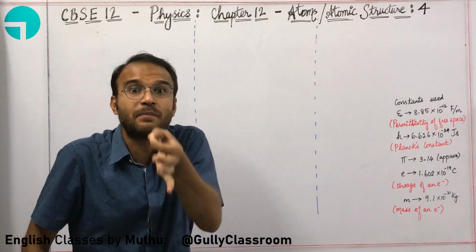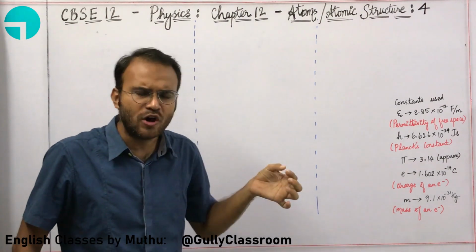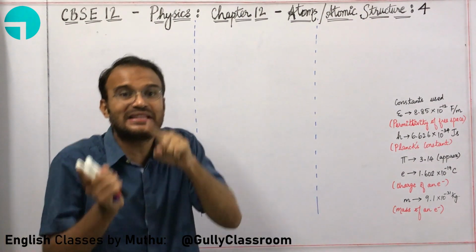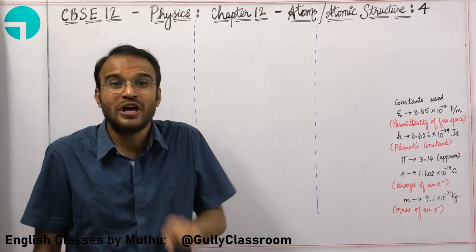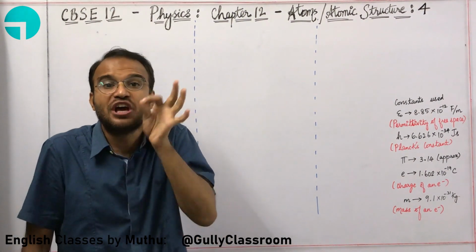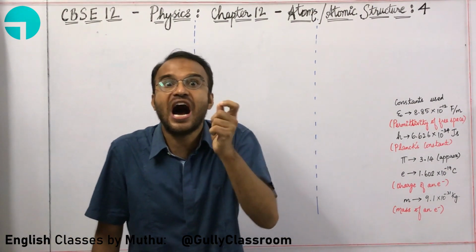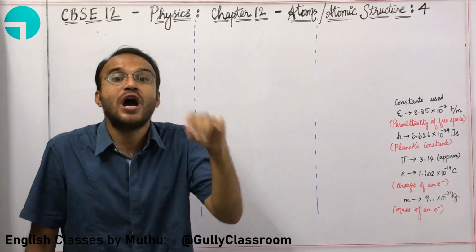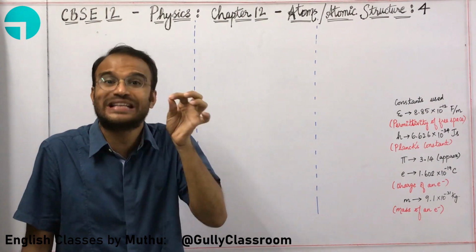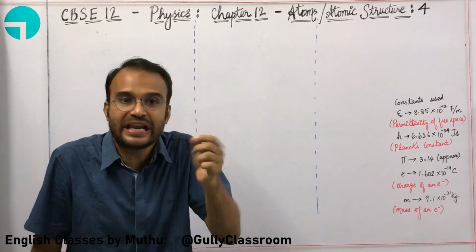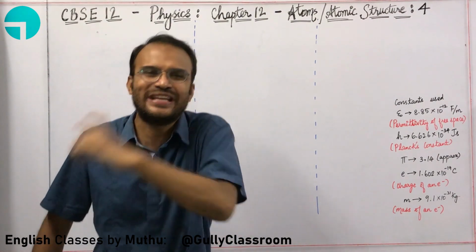This is one of the major disadvantages of Rutherford's atomic model, but Bohr gave a suggestion that the electron, while going around the nucleus, is doing so in very specific orbits which are called stationary orbits. These stationary orbits are defined with respect to angular momentum, and when these electrons are going around the stationary orbits, it is not losing any energy.